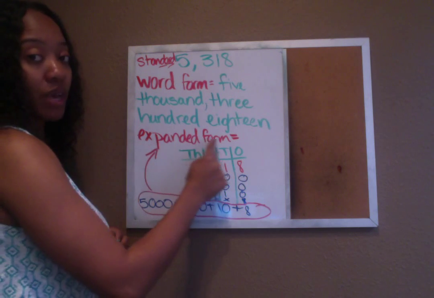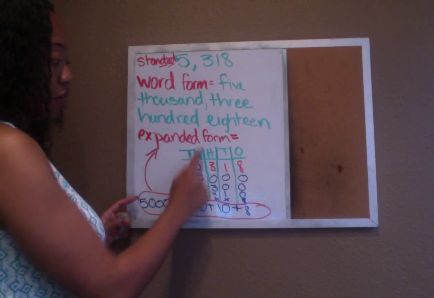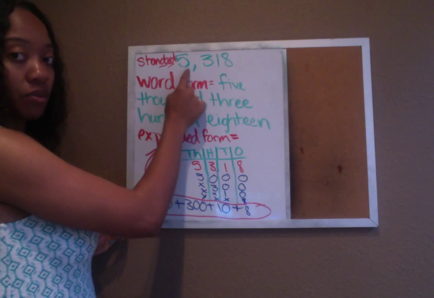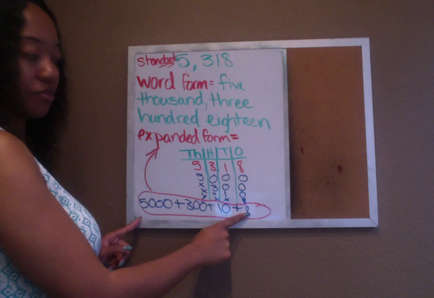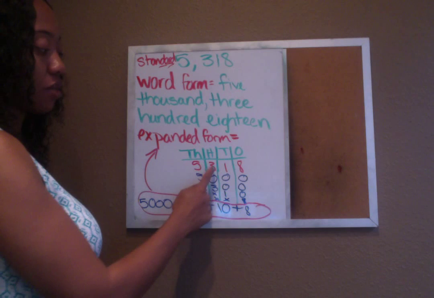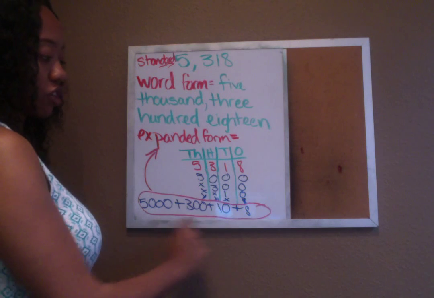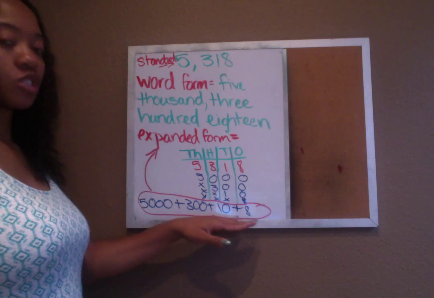And then in expanded form, think of expanding something. You're stretching it out. We take that number where it looks simple right here, and we just stretch out each place value. We find the value, there's that word again, we find the value of each number, and we stretch it out.